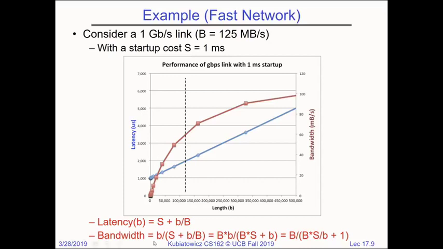You get the size of the packet, B, divided by how long it takes to transmit it, and that is this red curve. And if you notice, this is asymptoting out, but it hasn't reached 125 megabytes per second, which is what a 1 gig link is. Okay, so you see that I would have to actually transfer much larger packet sizes.